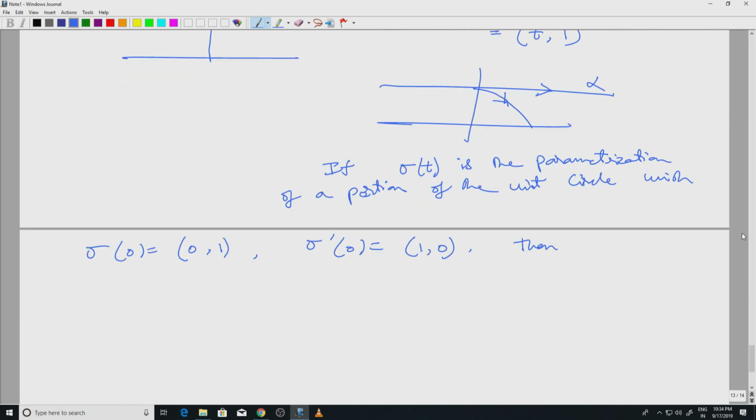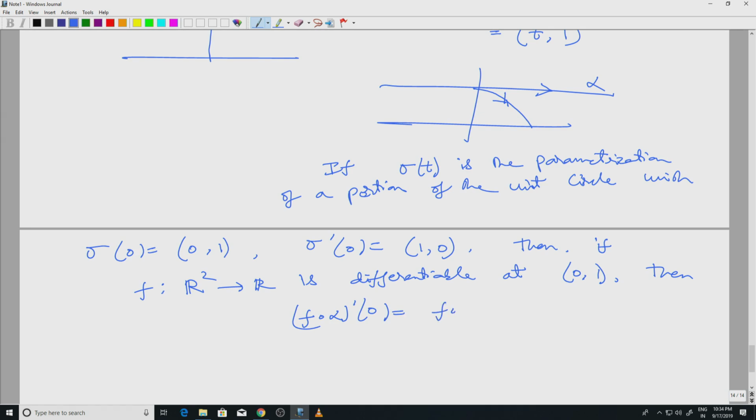So if we have a function f from R2 to R that is differentiable at P, at (0, 1), then (f composed with alpha) prime of 0 equals (f composed with sigma) prime of 0, and both of them are equal to df at P acting on e1.